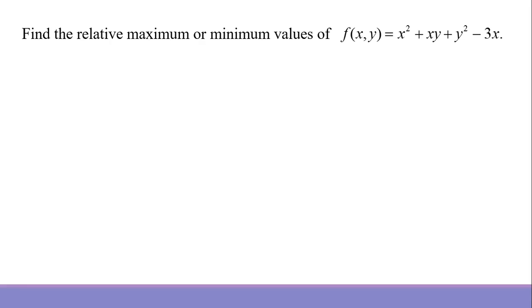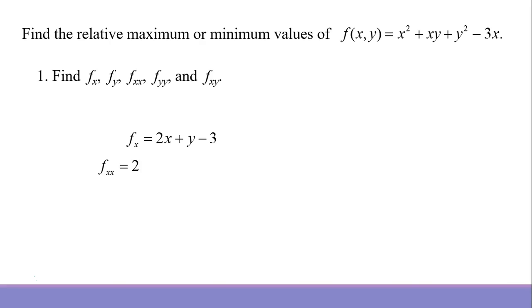So let's go back to this function and go through those steps. So the first step is to find a bunch of partial derivatives. So let's start with the first partial derivative with respect to x, and then we'll take our second partial derivative, f sub xx, and then we'll also find f sub xy.